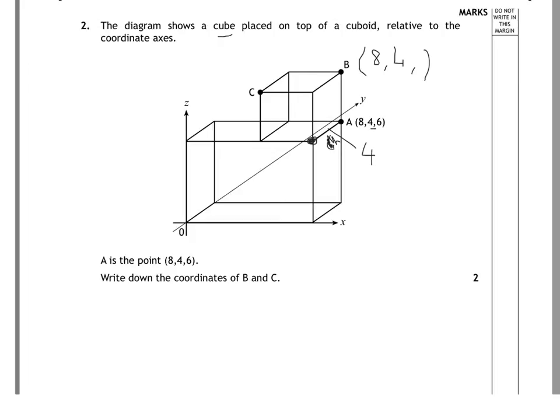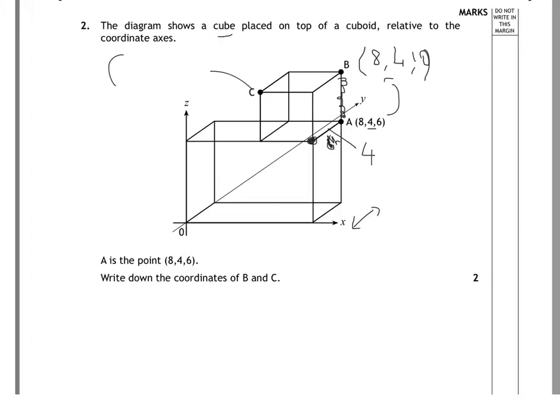If the y coordinate here is 4, that means this must be 4 units long. Now if it's a cube, that means every length is 4 units long, which means this length here is also 4 units long. 4 units up from 6 means that the z coordinate must be 10. So I've just moved the 6 up by 4 units, which has given me (8, 4, 10).